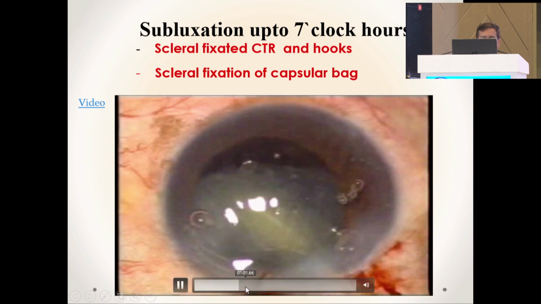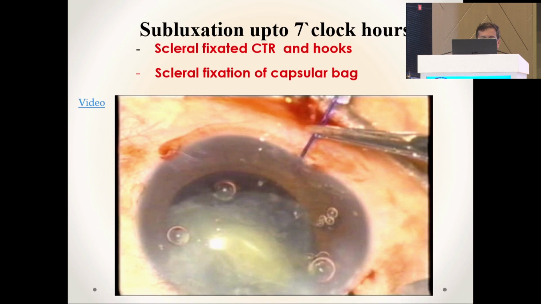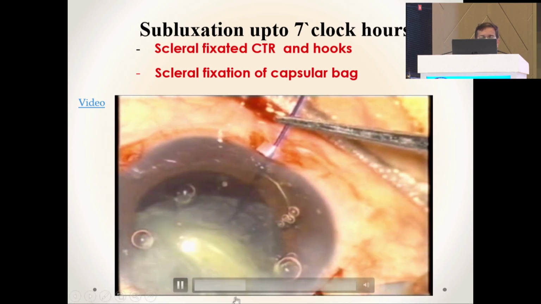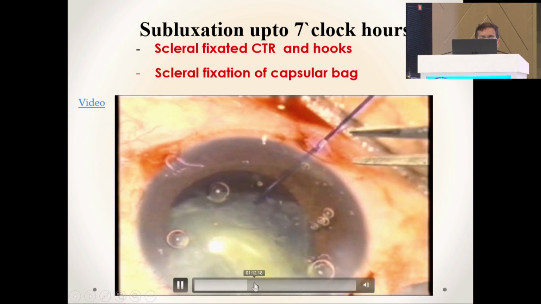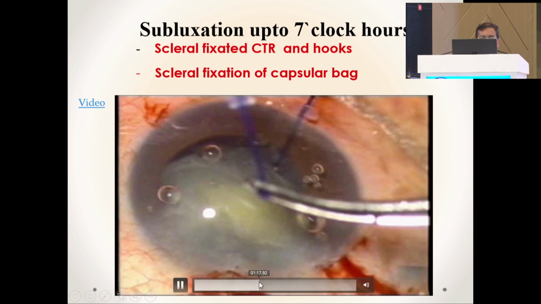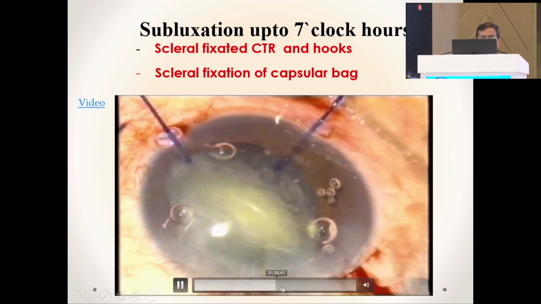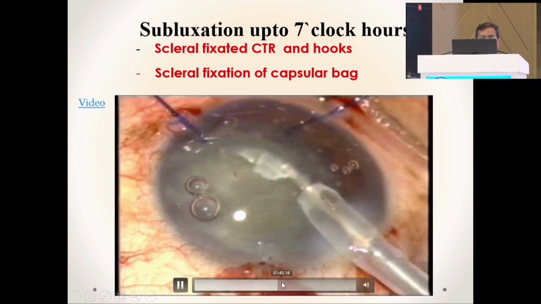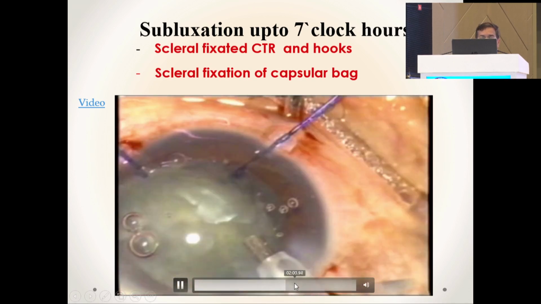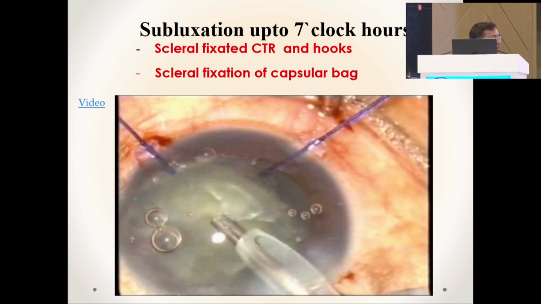Then we use a capsular hook to stabilize the bag. So the bag is stabilized with the capsular hook. It gives stability to the bag during phacoemulsification, and once the bag is stable, you can do the surgery very well.